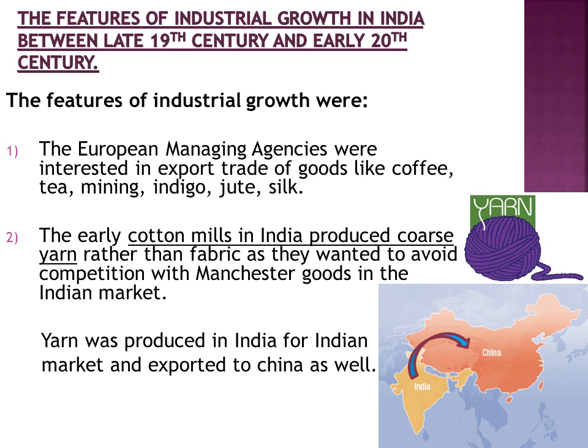So initial cotton mills that came up in India, they produced coarse yarn, that means cheap, rough thread, instead of producing fabric, because there was a lot of competition from cheap Manchester goods that were coming into India, and Indian industrialists did not want to take that risk. And yarn that was produced in India was sold in Indian market as well as exported to China. Whenever we needed thread of a very superior quality, then it was imported.